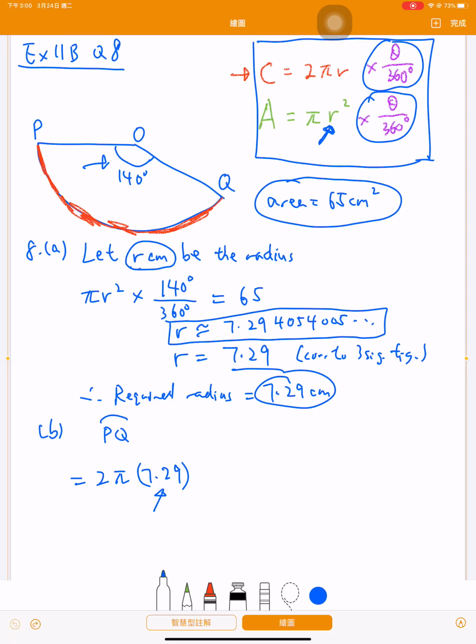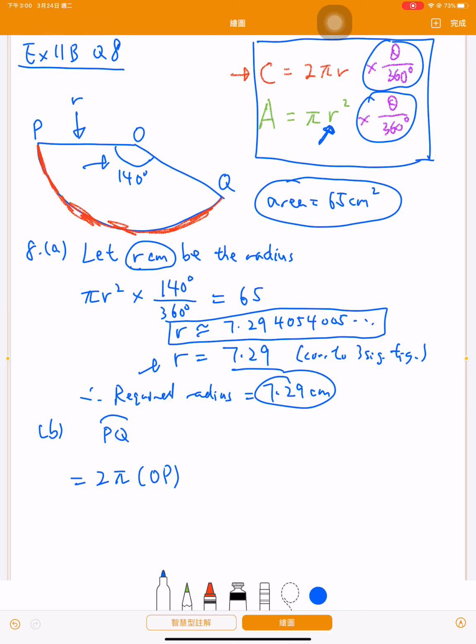Okay, so to avoid this problem, we may have two ways to do it. The first way is that we may use the symbol that we used before, that is, use the r, or you may say the r in fact is the radius, so we may use OP.